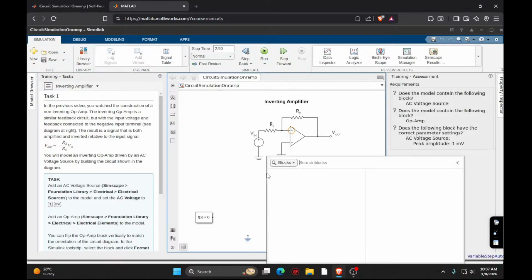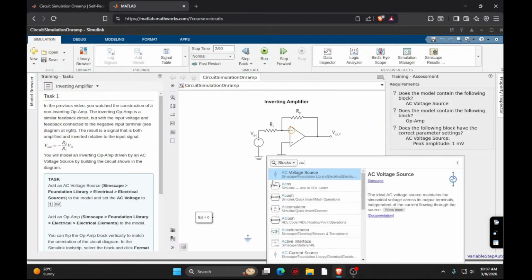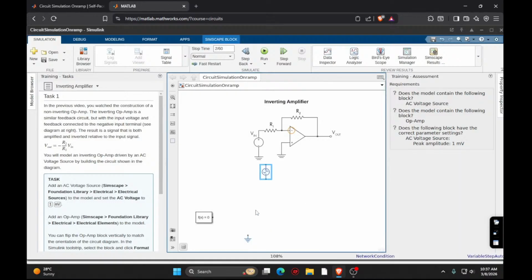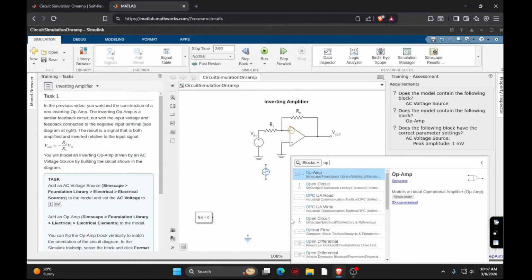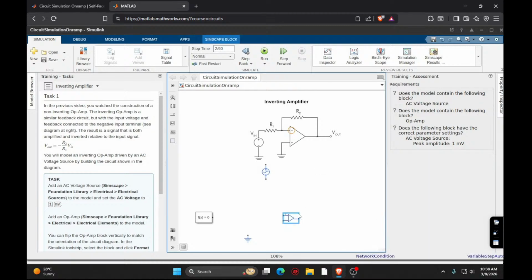Add an AC voltage source and add an op-amp, an operational amplifier.